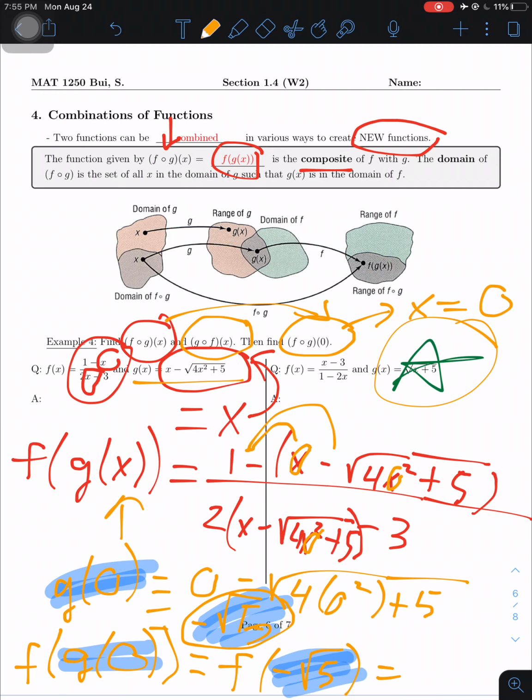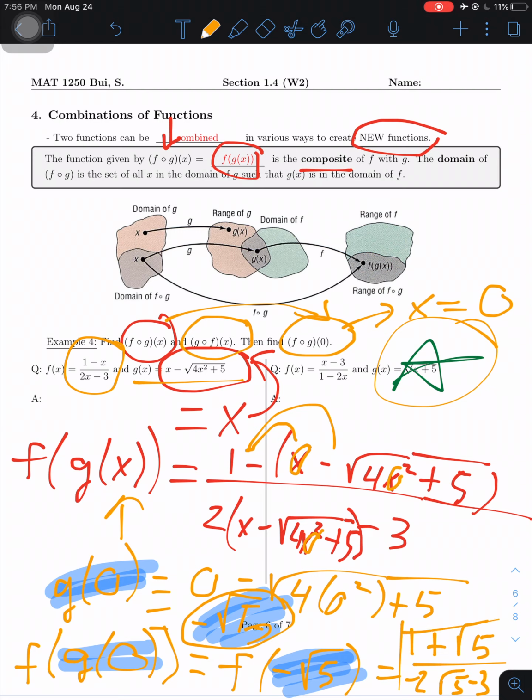And in f, we have this function that I just have so many marks on. If I plug into there, I'm going to get 1, and minus minus is a positive, so that's plus square root of 5, and then over 2 times negative square root of 5, so it has a negative in front, and then minus 3.